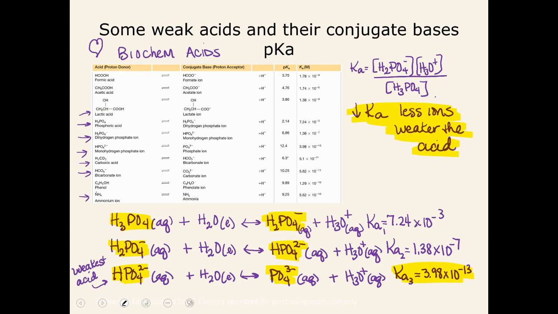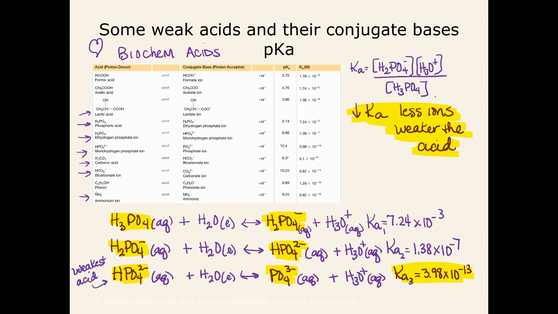That's number one. Notice every time the acid loses an H plus, the ion gets a negative. So it goes to H2PO4 minus, the first one. Then on the second ionization, it goes to a 2 minus. So every time it loses H plus, it gets more negative. Lastly, if we're comparing these three acid-base systems, the Ka is only a little bit helpful in the sense that it's very cumbersome to talk about.